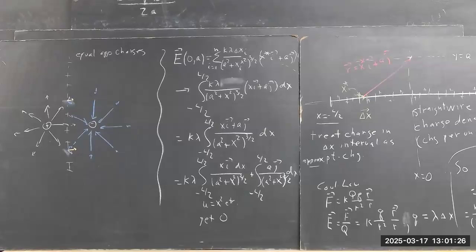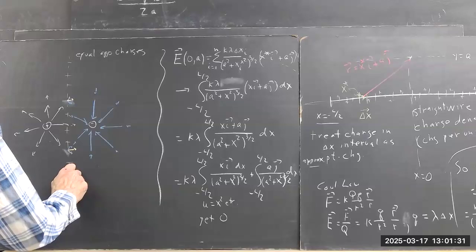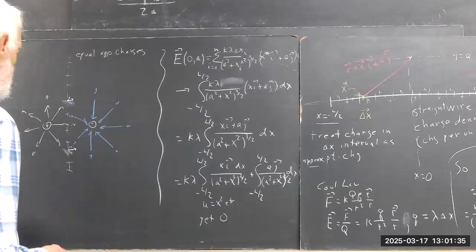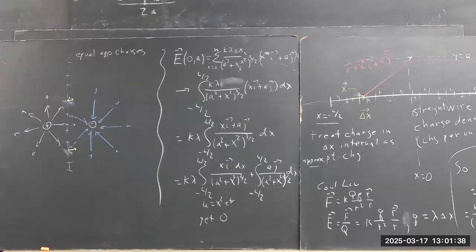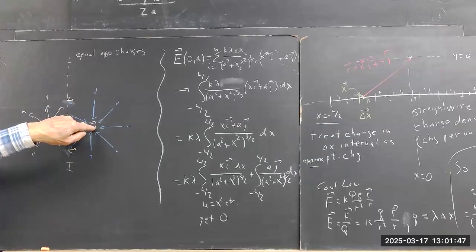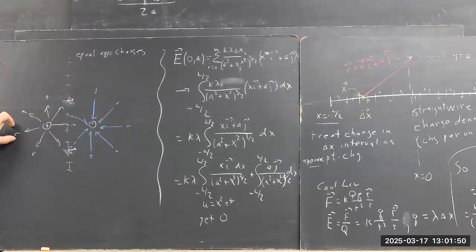There's a symmetry that assures that. Now, these forces over here aren't much influenced by the forces of attraction to the negative charge. These forces of repulsion are much, much bigger than the forces of attraction would be all the way over here, because these points are so much closer to here than they are to here.